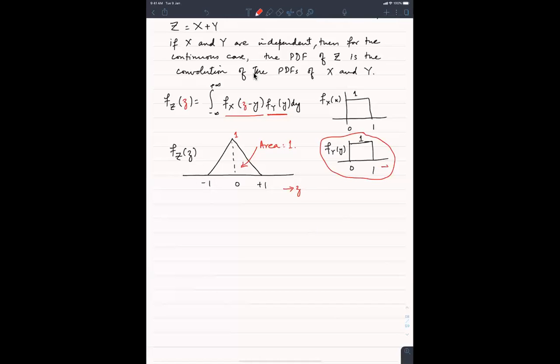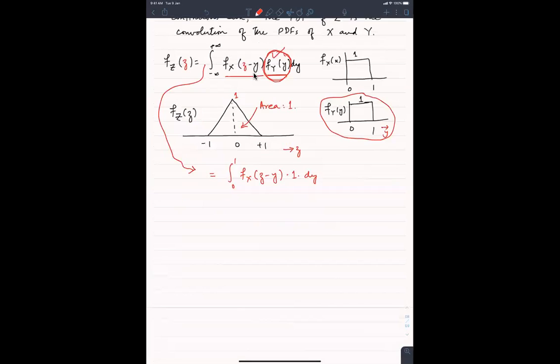This means that this fy of y here will always be 0 except when y is between 0 and 1. So what did we do? We wrote this as the integral with y going from 0 to 1 of fx of z minus y, because when y is between 0 and 1, fy of y is just 1, dy. Okay? We did nothing else.